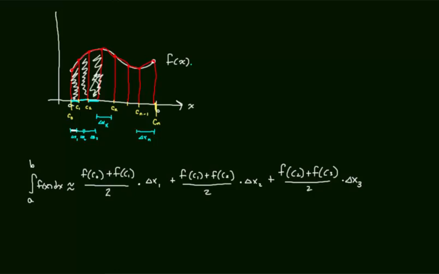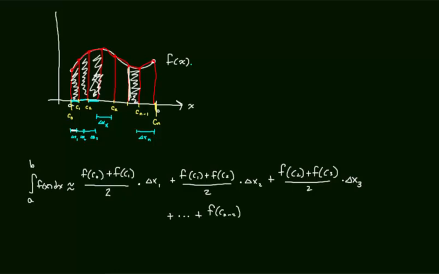I want to keep going though, so I'm going to say plus dot dot dot plus. Now, see if you can tell me the area of the second to last trapezoid here. Can you figure that out? That's going to be f of c sub n minus 2 to give us this base here.